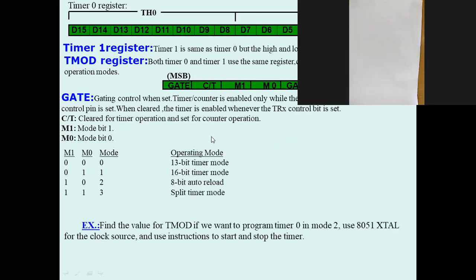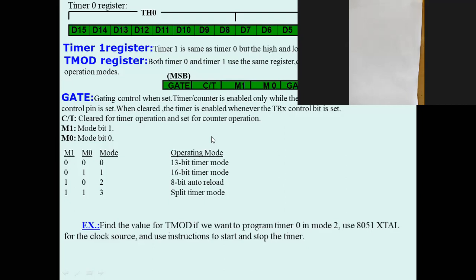You can see in the PPT that TH0 and TL0 are both 8-bit registers, and together they form the timer register. The timer 1 register is the same as timer 0, but it is referred to as TH1 and TL1.